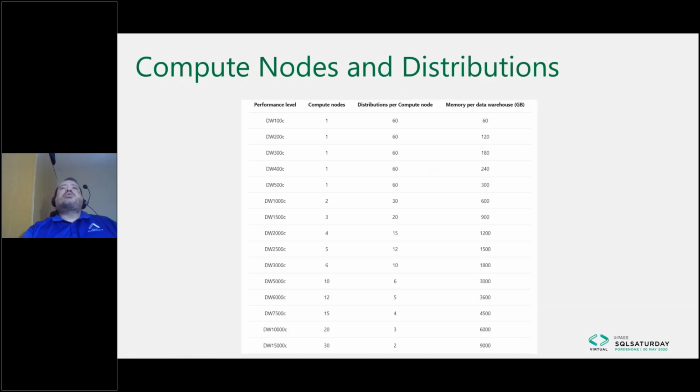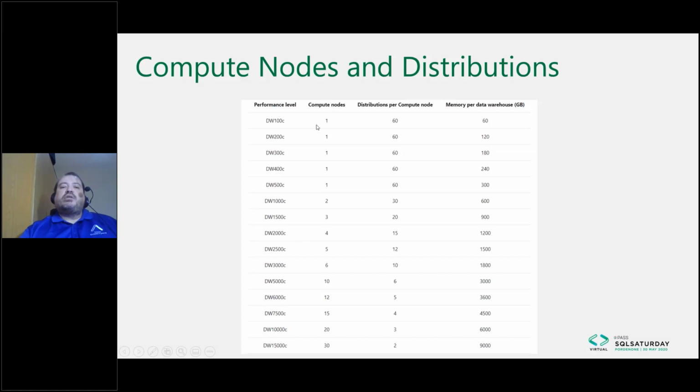So we will create a SQL pool. When we create a SQL pool, we define the performance level of the SQL pool, which you are seeing here on the left column. These codes are the performance level of the SQL pool.